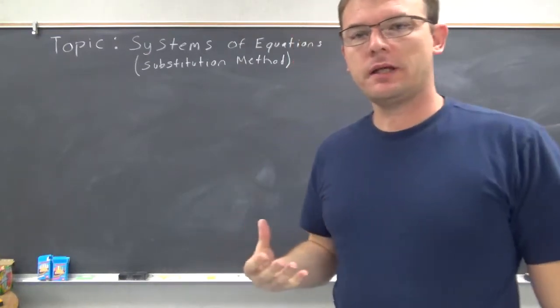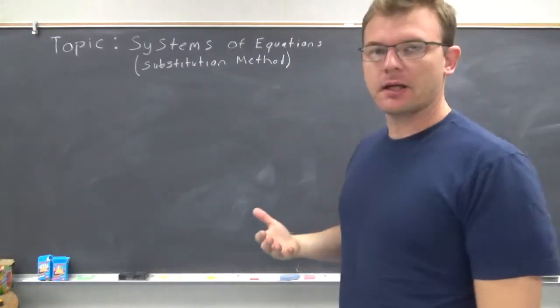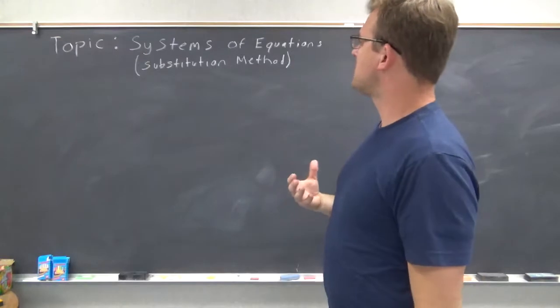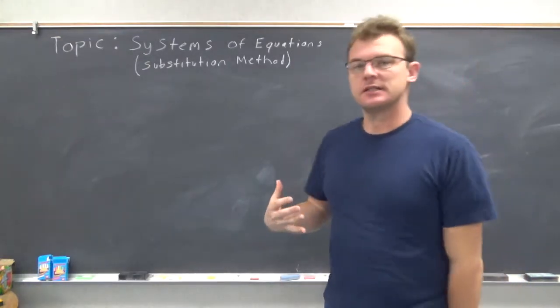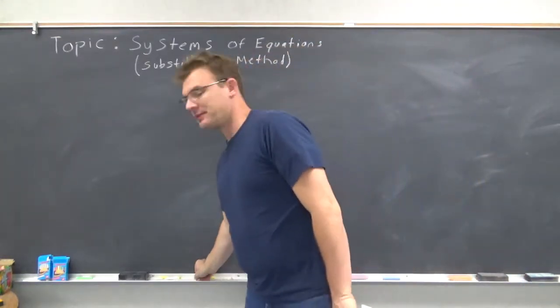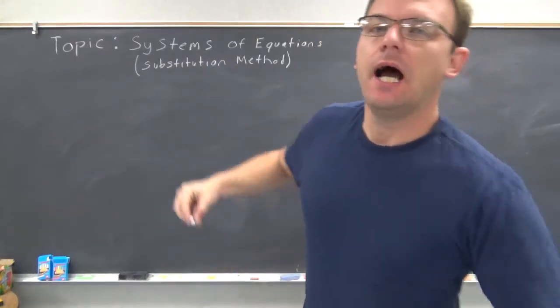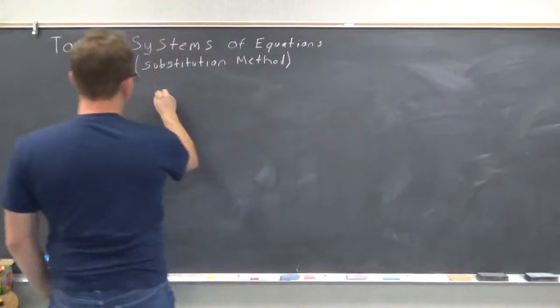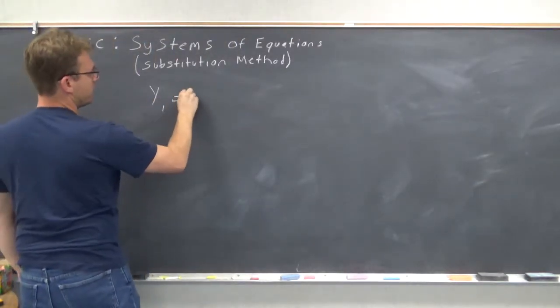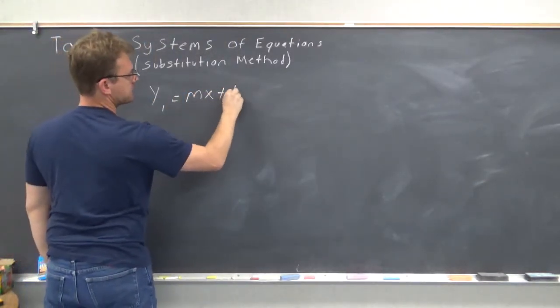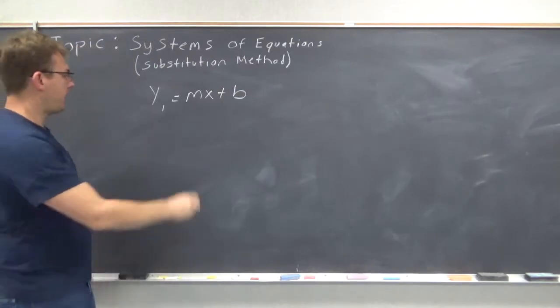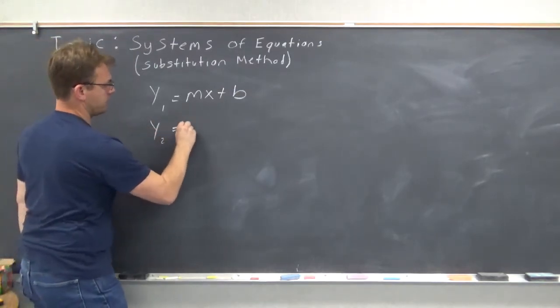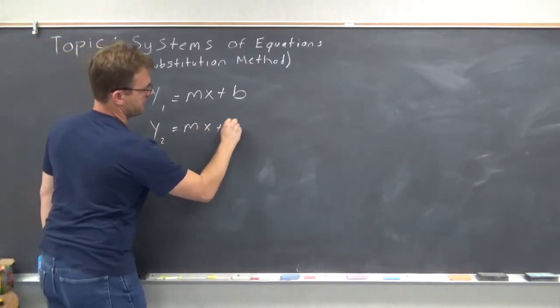So we're going to be doing this new topic, which is called systems of equations. And that must mean if it's a system of equations, it's more than one equation. So for example, if I had this one here, which is mx plus b, and then I have another equation, mx plus b.